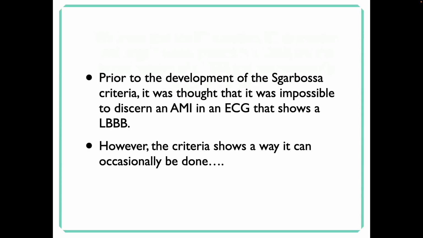So prior to the development of Sgarbossa's criteria, it was thought it was impossible to discern an acute MI when you're looking at a left bundle branch block. And for the most part, I want to emphasize that's still mostly true. However, the criteria shows a way that occasionally, only with a left bundle branch block, this has nothing to do with right bundles, you can say, yes, there is a STEMI, okay?